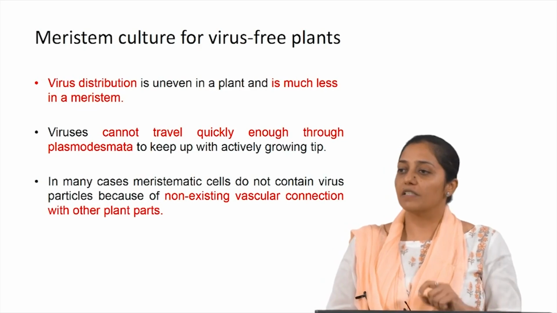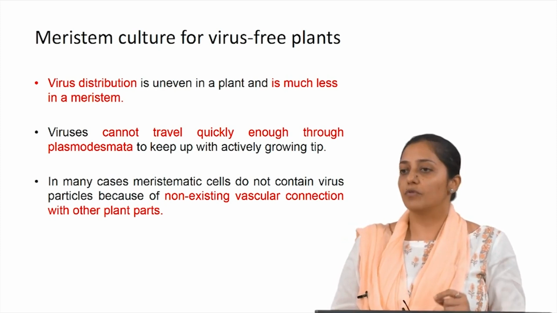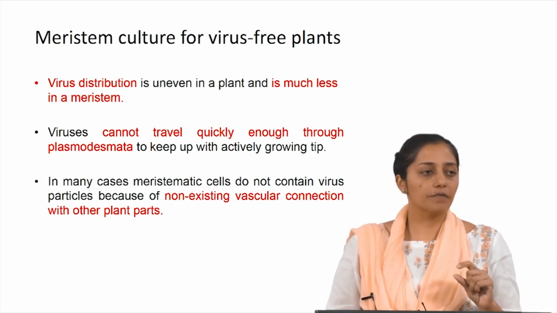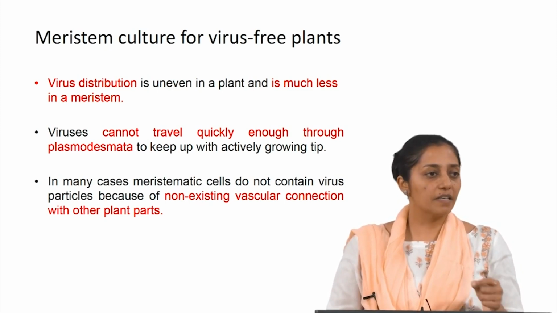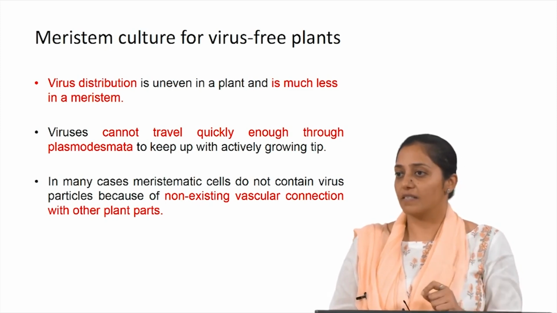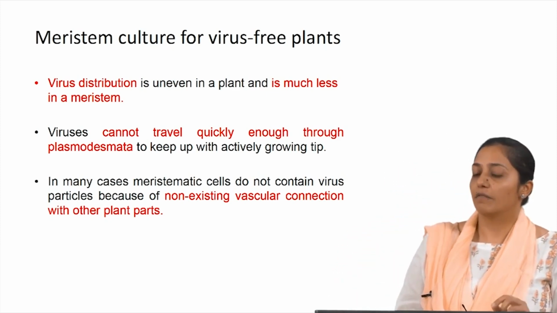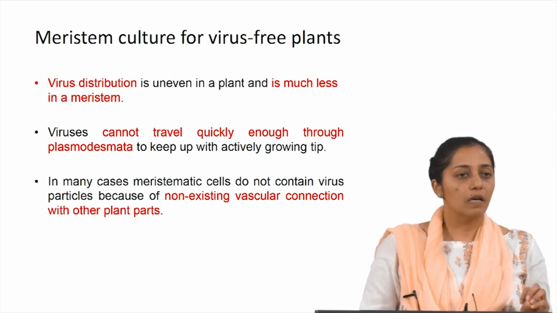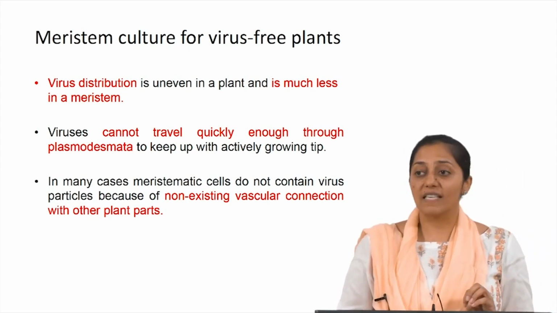Now, meristem culture we were discussing. Meristem culture is nothing but you make use of the meristematic regions of the plant, which are lateral bud regions, axillary bud regions or apical meristems, and which will be useful in making virus free plants. We also discussed the reasons. Virus distribution is uneven throughout the plant and is much less in a meristem.